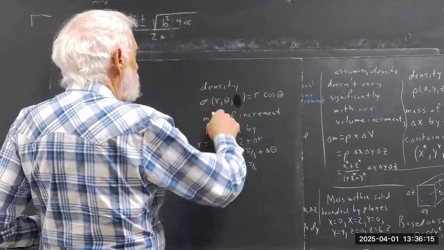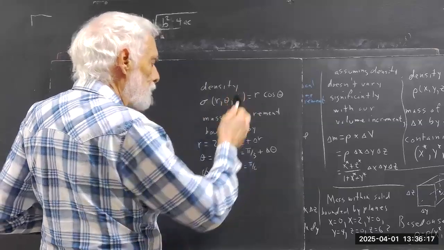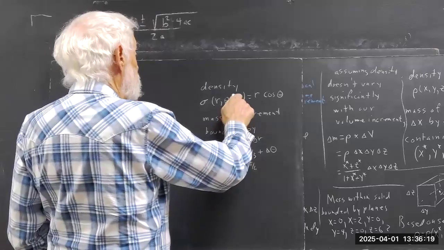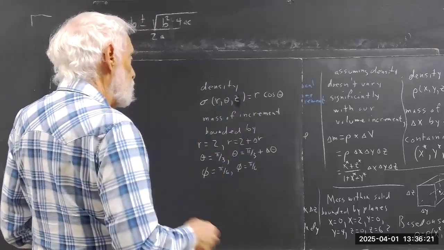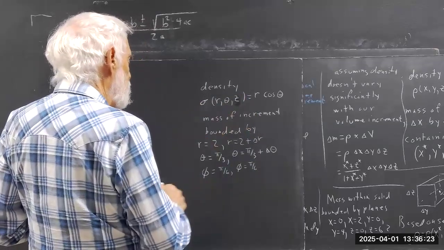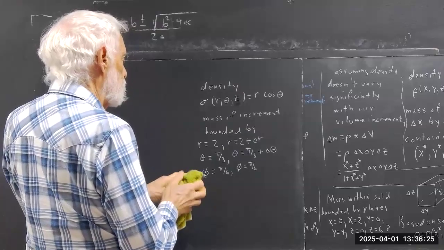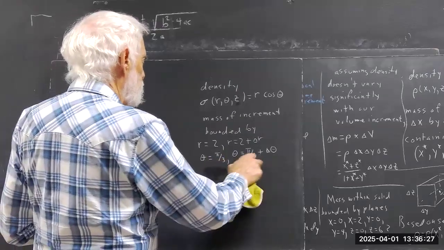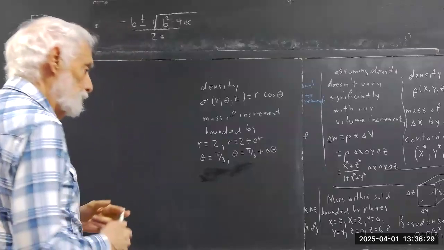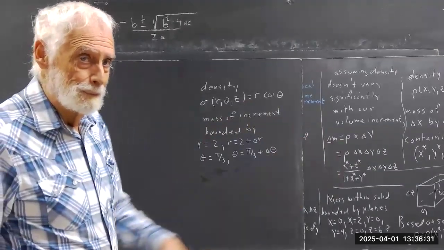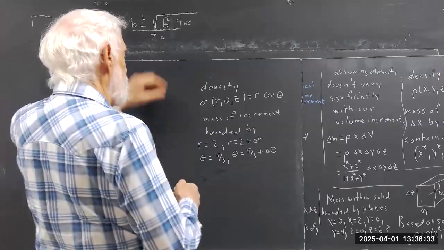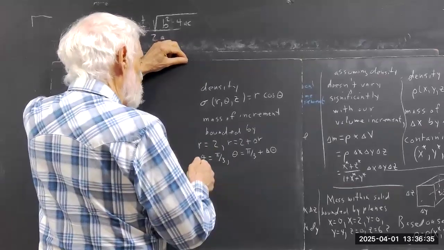Excellent. In the context of spherical coordinates, I don't want spherical coordinates. It's cylindrical coordinates, and hopefully you're familiar enough with that because we have covered it at least briefly at the end of the first chapter.